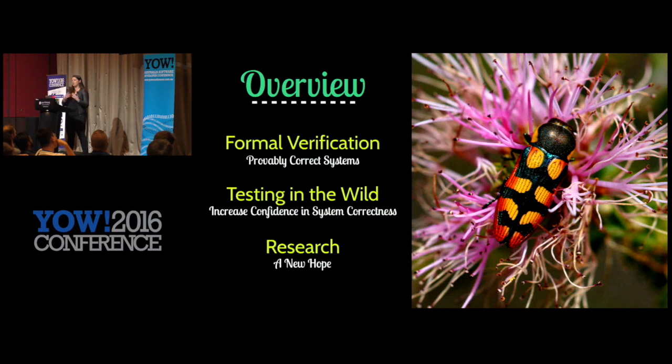This is things that will give us the confidence that our system is correct, but it's not mathematically provably correct. And then I'm going to talk about some research that I think is super cool, because I really like partnerships between academia and industry. I do a lot of tech transfer stuff. This is where I see research hopefully helping make our jobs as practitioners easier by providing better tools so that we can verify our systems more easily.